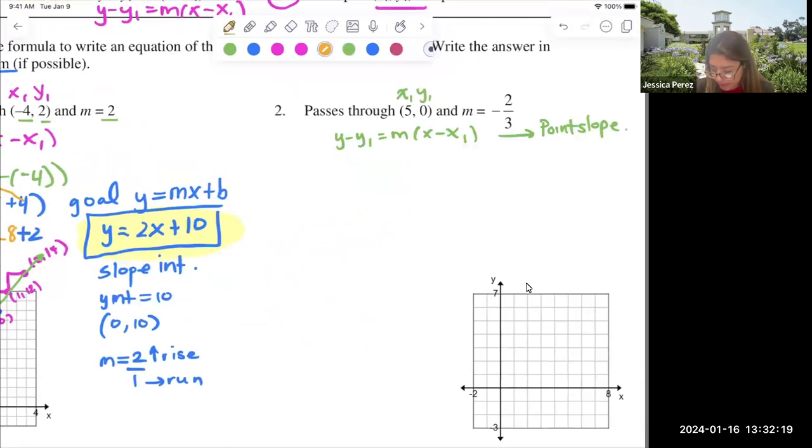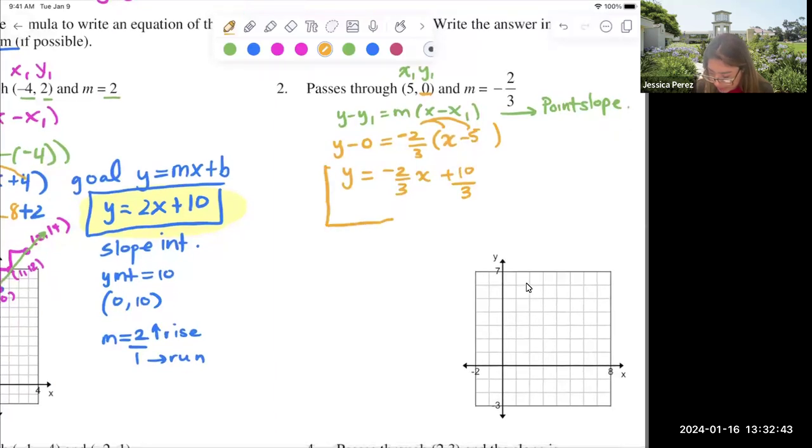Now we're going to do a substitution, and then y minus 0 equals negative 2 over 3 from my slope, times x minus 5. So let me make this cleaner. Now this is just y equals negative 2/3 x by distribution plus 10 over 3. Notice that this is already in slope-intercept form.